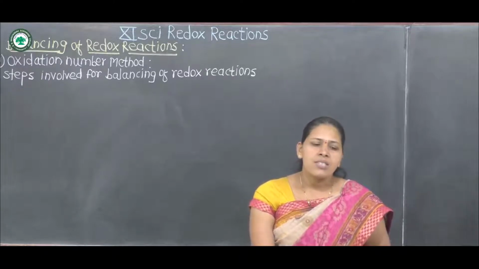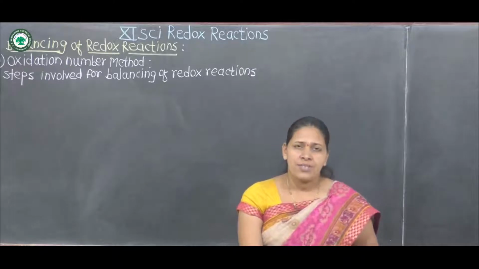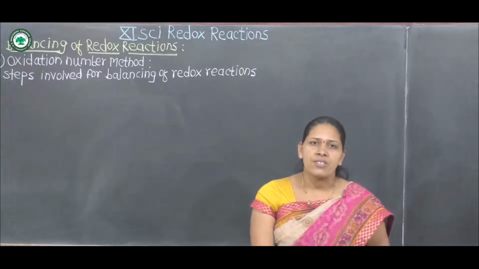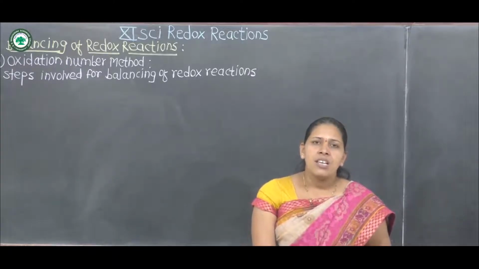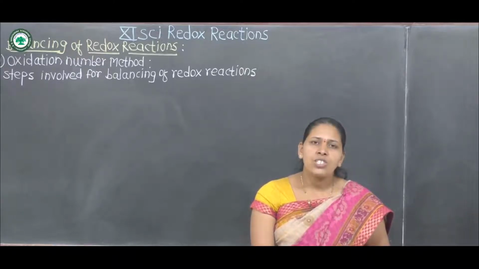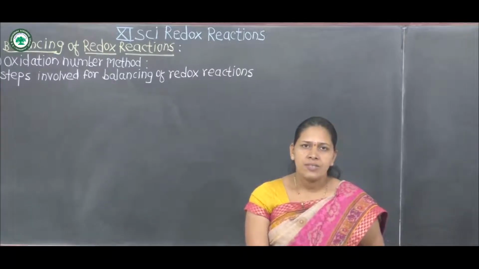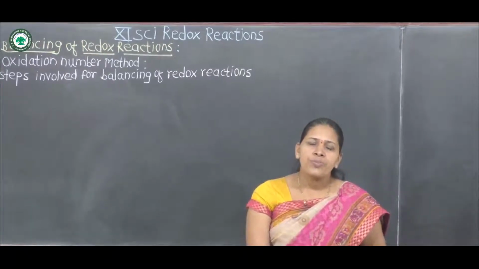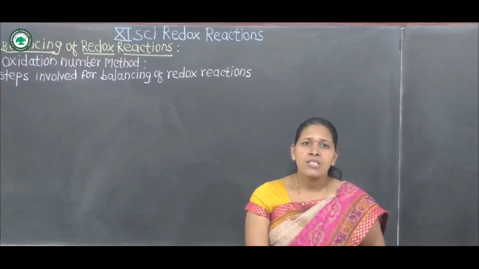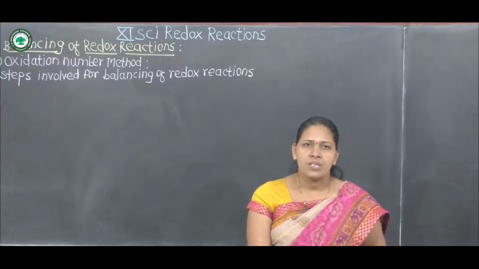Then second step is assign oxidation number of all atoms in both reactants and products. That means in the unbalanced equation, write the oxidation number of all atoms in the reactants and products, so that we can determine which species undergoes oxidation and which species undergoes reduction.